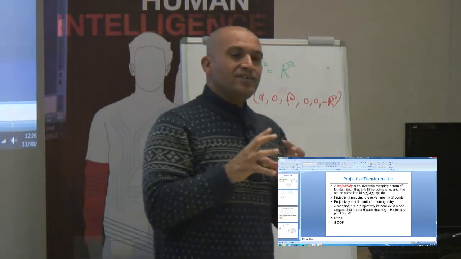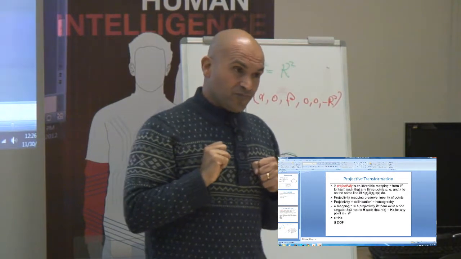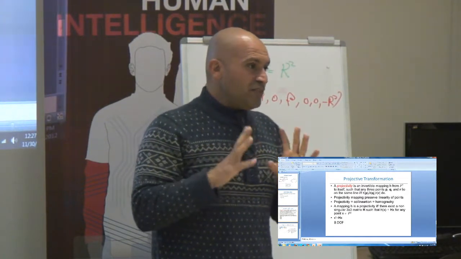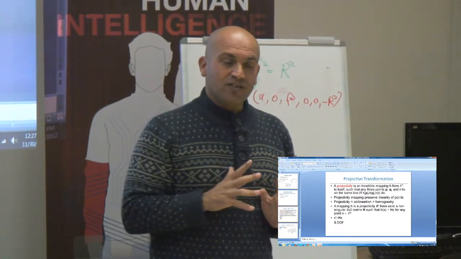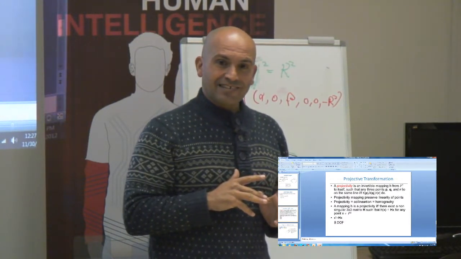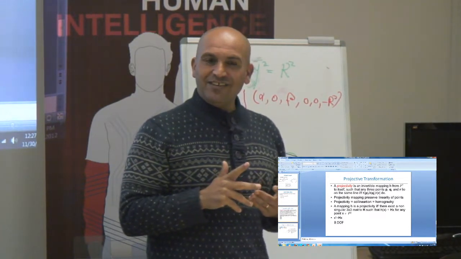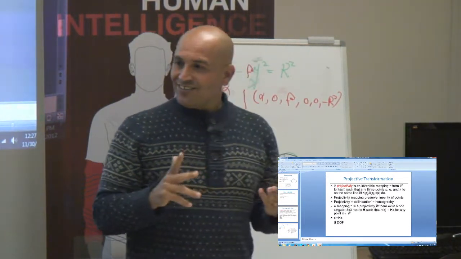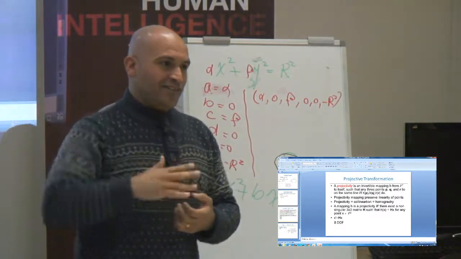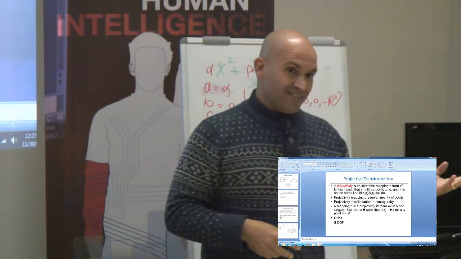Now, what's the degree of freedom of H? If it's 3 by 3, how many terms are in the matrix H? 9. One of them we can divide by its value to get 1. And how many degrees of freedom remain? 8.